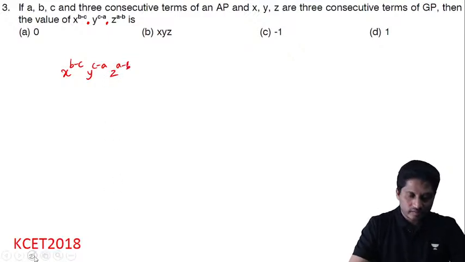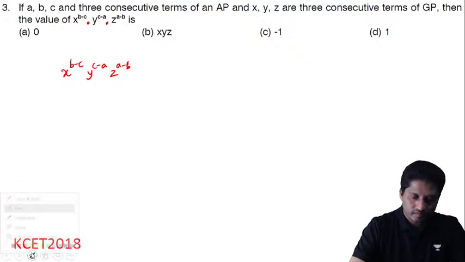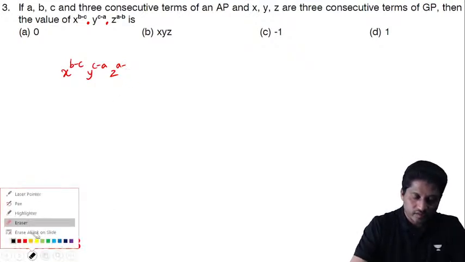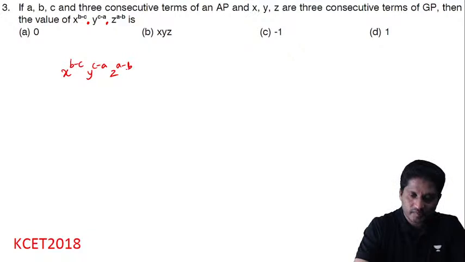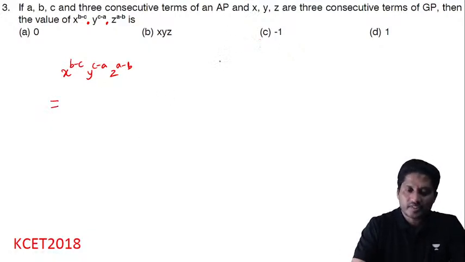Now, A, B, C is in AP according to the question, and X, Y, Z are 3 consecutive terms of a GP.